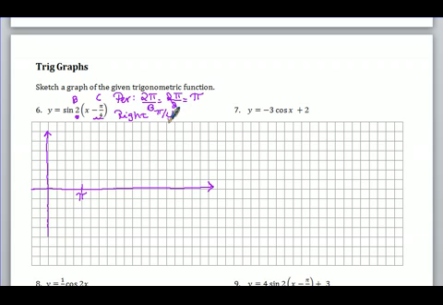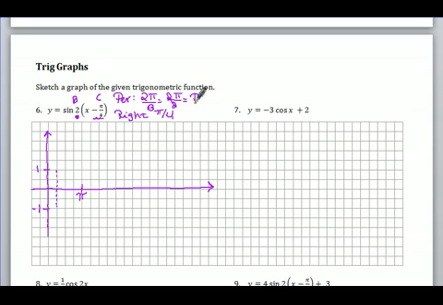And since I'm shifting right pi over 4, this scale is going to work for me. So this is sine. We haven't changed the range, so it's going to be going from 1 to -1. I'm going to be starting here at pi over 4.